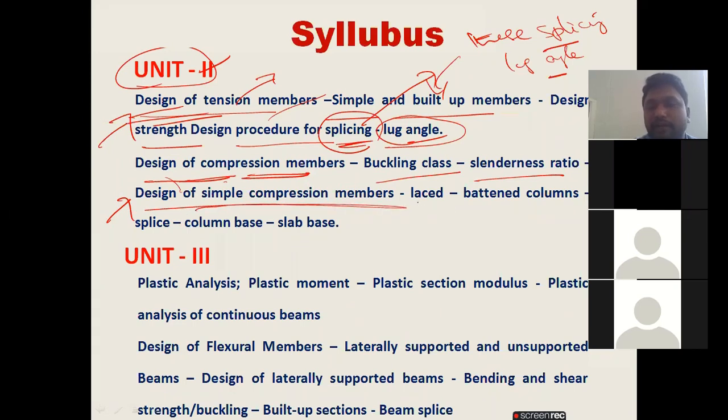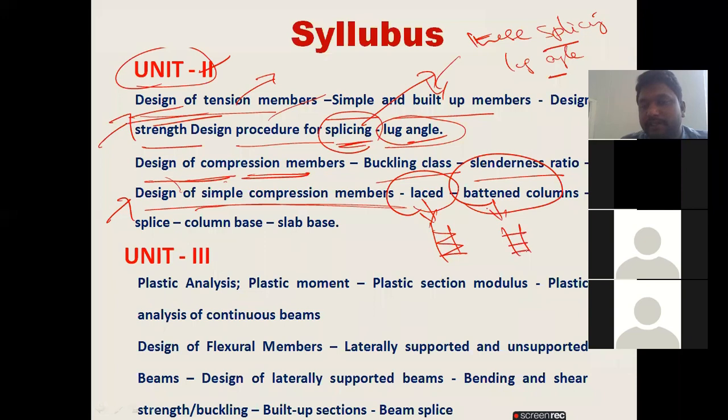Here we have two types: laced and battened columns. In RCC, you learned short column and long column, and in the short column, axial, biaxial and uniaxial. But in steel structures, especially in the compression member, there are types like laced and battened columns.